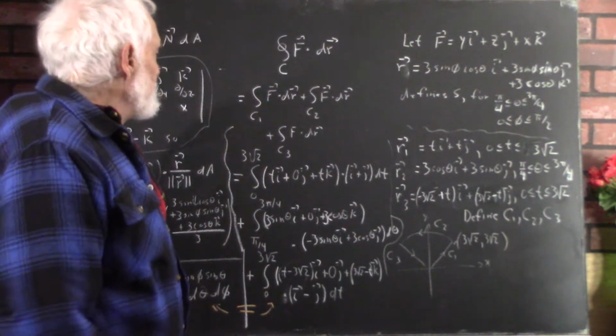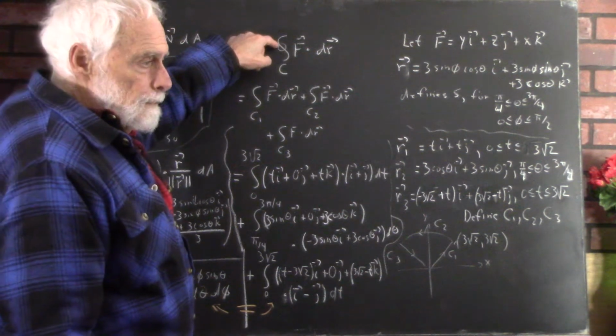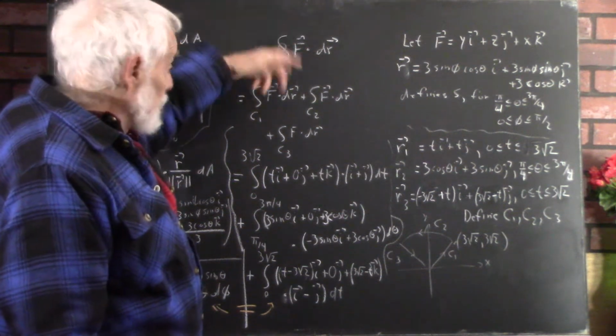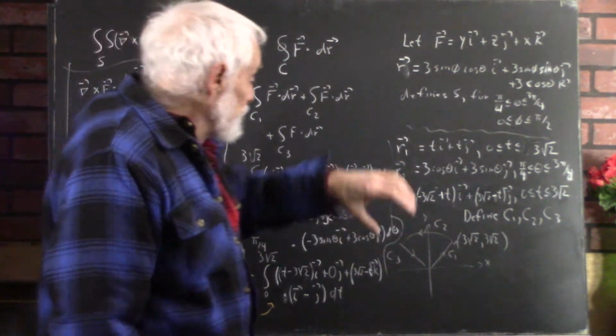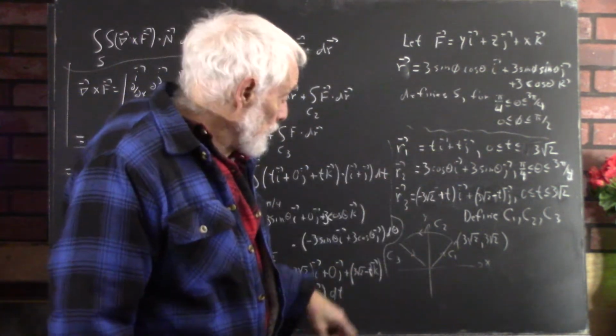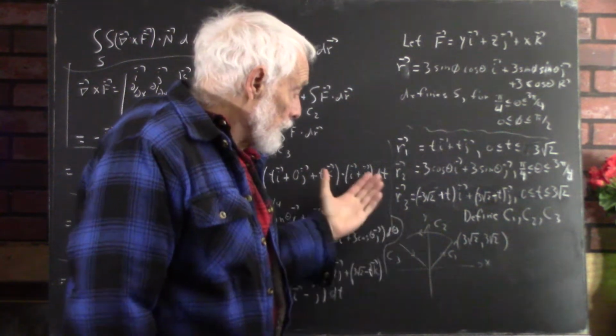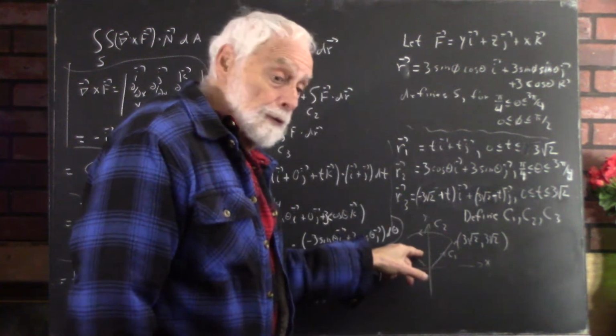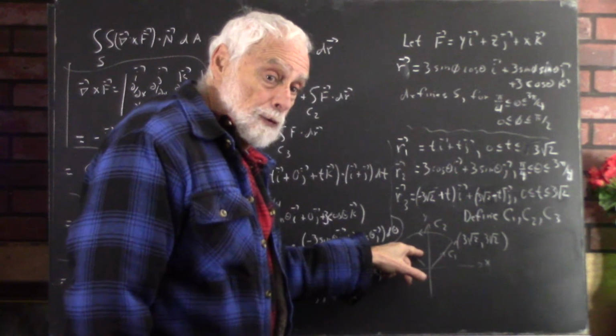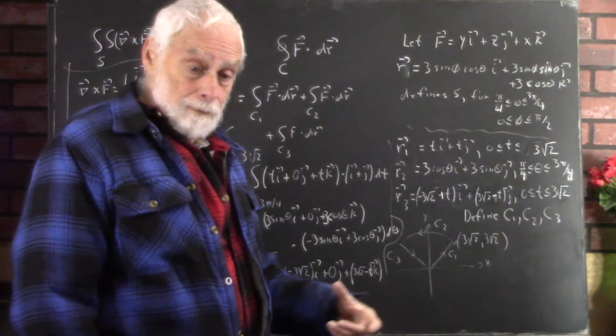Now, the integral for Stokes Theorem of f dot dr, well, for this orange slice or whatever we wish, we cut the thing off at the xy plane, so this is going to be an open boundary, or a boundary of that surface.